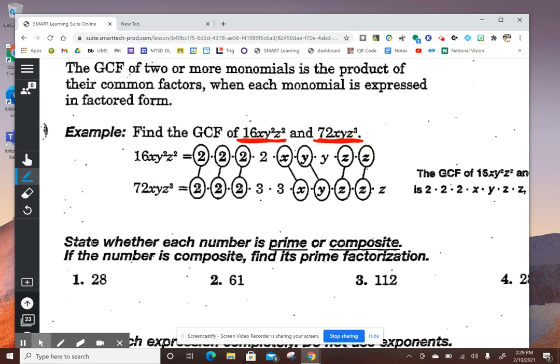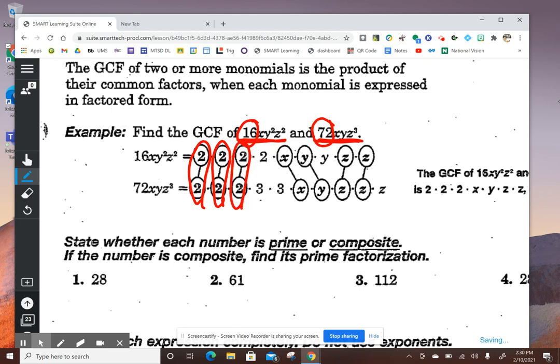So the way you come up with the GCF is first you do the prime factorization of 16 and you do the prime factorization of 72. We will review how to do that. But then you write all of your variables without any exponents. Once you've done that, and again, I will review how to do prime factorization, you circle all the pairs that you can.